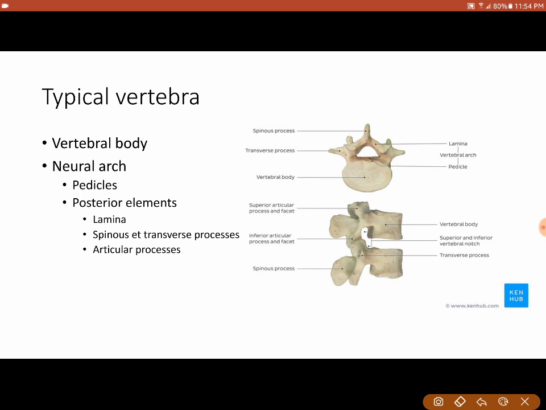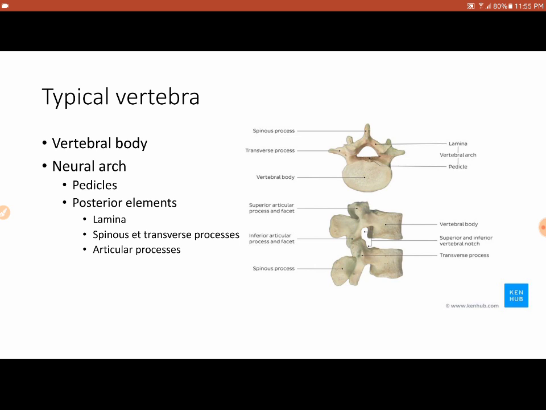Next is your lamina. Lamina is located here. Lamina, its function is to transmit forces or tension from the posterior elements to the pedicle to the vertebral body.